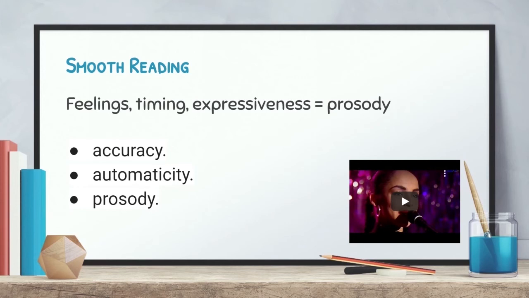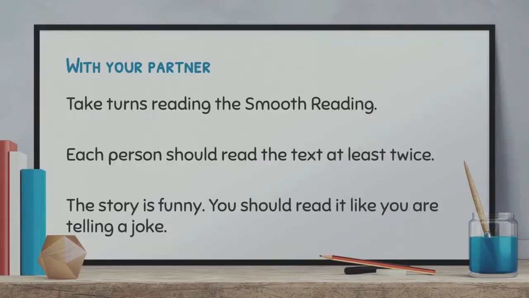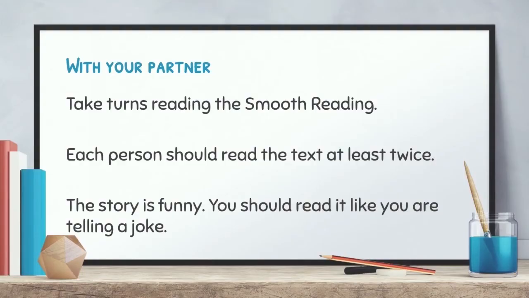Other things that we work on in smooth reading are accuracy, automaticity, and again, prosody. Accuracy is just knowing the words and saying them right, and automaticity is where it's easy for you. It becomes familiar, so you can become a fast reader, and you don't have to expend a lot of energy on figuring out how to decode the words. Instead, you spend your energy on analyzing the ideas in what you read.